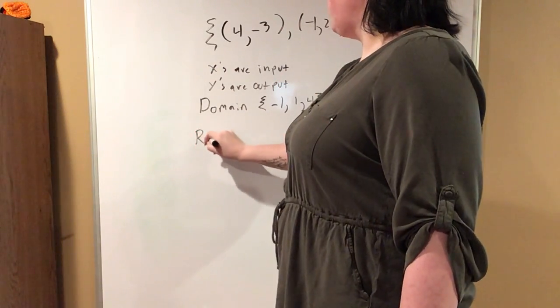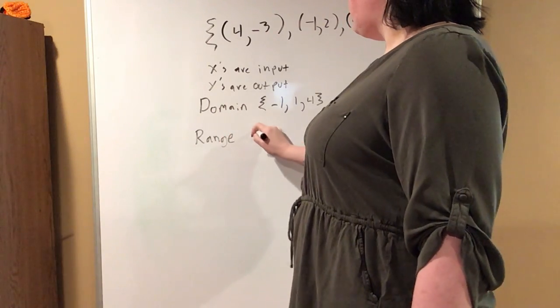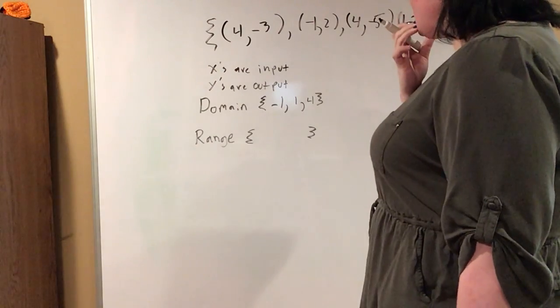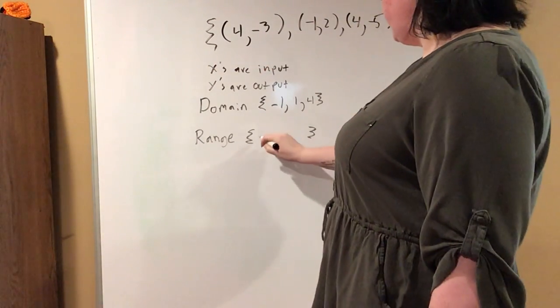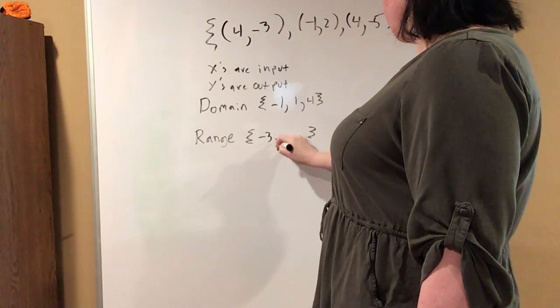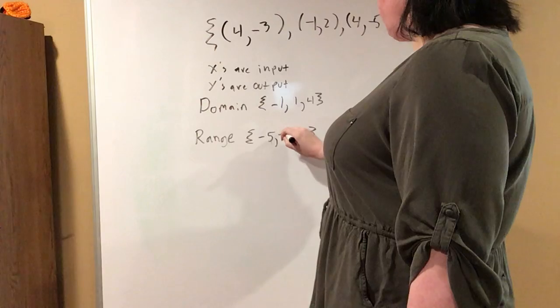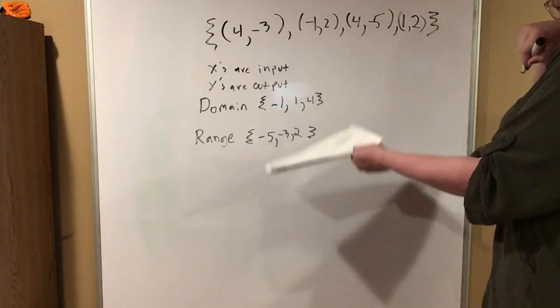And they also want you to write it from least to greatest with no repeaters. So if I'm looking at this one, I see -3. Oh, never mind, I see -5, -3, and 2. So that's my domain and that's my range.